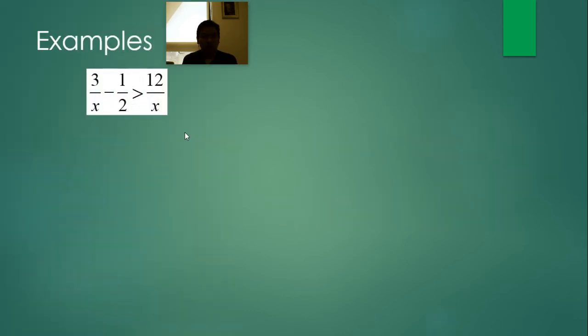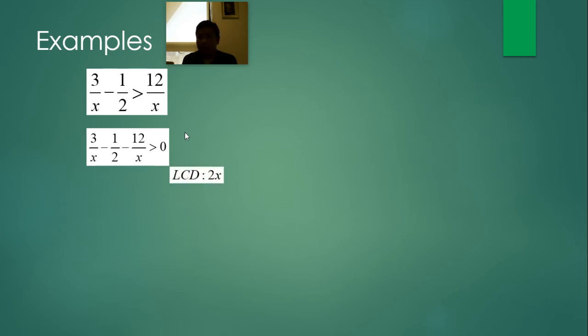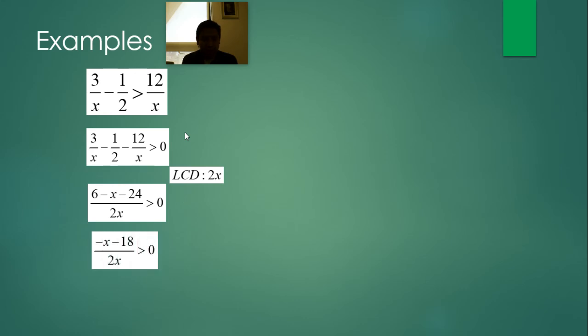So just to show you this example, this inequality. Again, one side should be 0. So we just have to move everything to the other side and consider removing the denominator. We end up with 6 minus x minus 24 all over 2x is greater than 0. And from here, we do have the value negative x minus 18 over 2x.